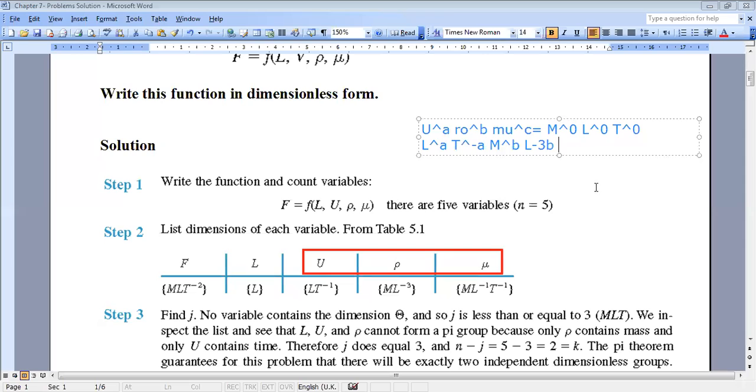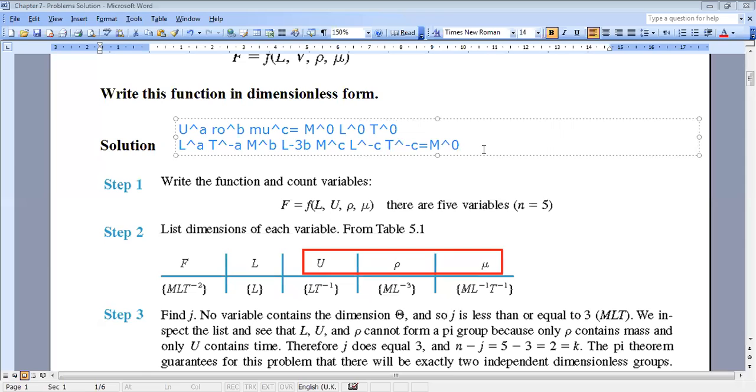If I raise it to the power C, I get M to the power C times L to the power minus C, and finally T to the power minus C. This should be equal, in dimension, to M to the power 0, L to the power 0, and T to the power 0.